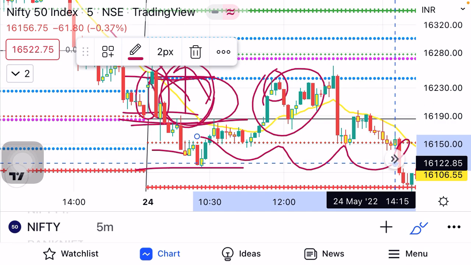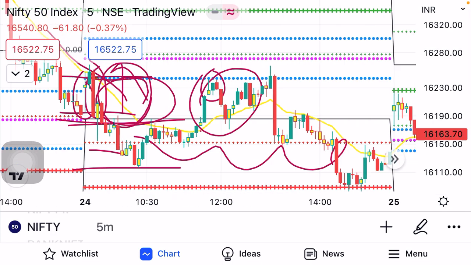You should have a proper setup to take a trade. If you have a defined stop loss, if your stop loss is very big and the target will be very less, don't go for that trade. You will wait for some time, or if you can't get the perfect location, don't take a trade on that day.